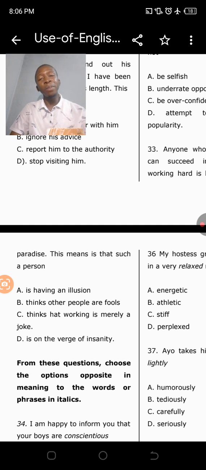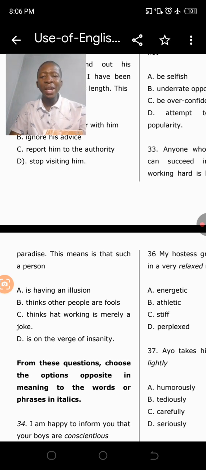He's living in a fool's paradise. Therefore, that person is having an illusion. That is what it means to live in a fool's paradise. You cannot succeed without hard work. You must work hard in life for you to succeed.